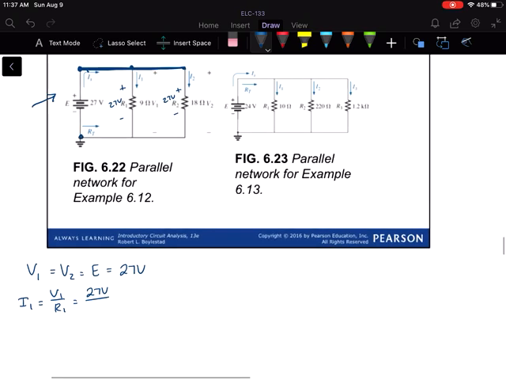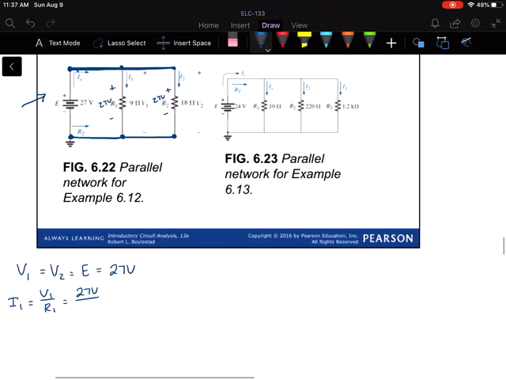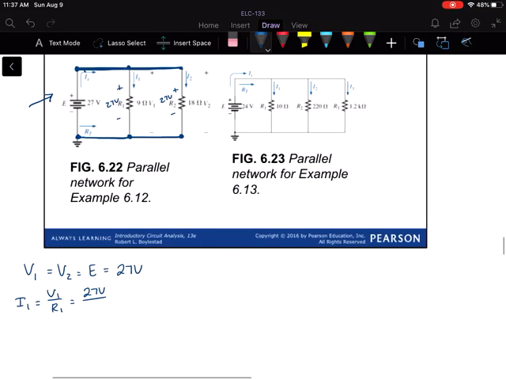And we know that the voltage level at ground is the same voltage level here and here, because again, there's nothing to change that. So the same 27 volts from the source would have to be the voltage across each of our resistors. So back to our I1, we see that would have to be 3 amperes.